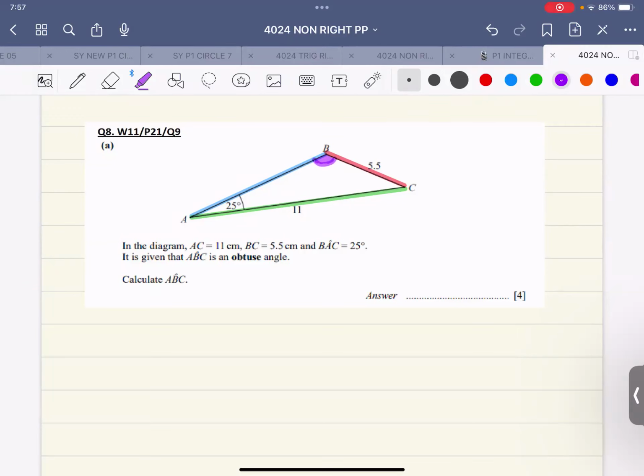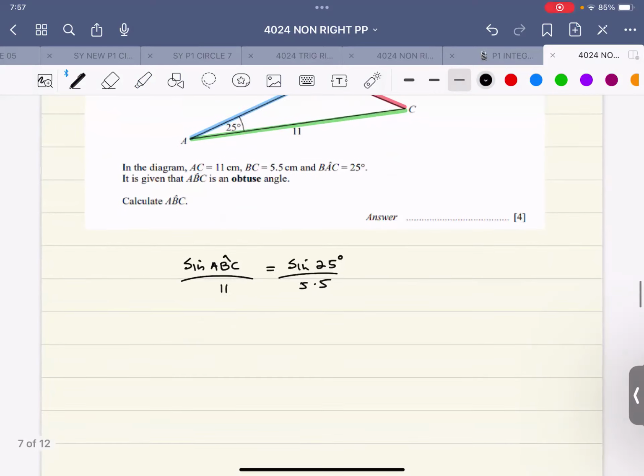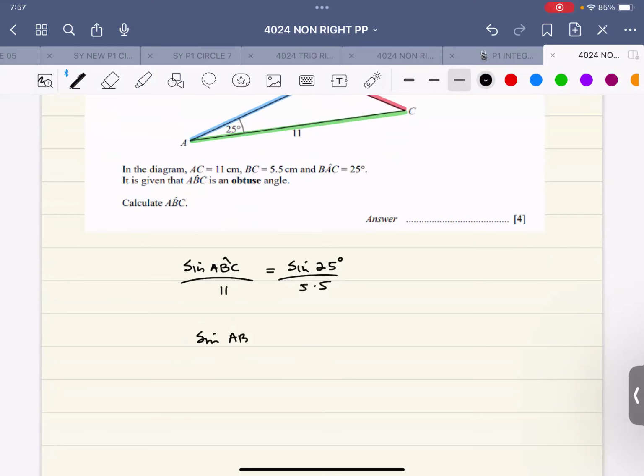Now, calculate ABC. First of all, I'll write sine of ABC divided by 11 equals sine of 25 degrees divided by 5.5. Therefore, make sine of ABC the subject. That is 11 sine 25 degrees divided by 5.5. So let me grab my calculator.